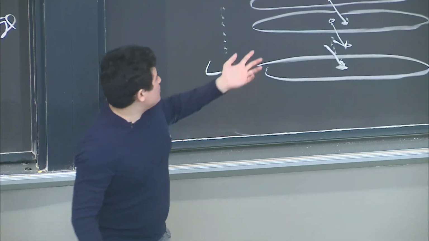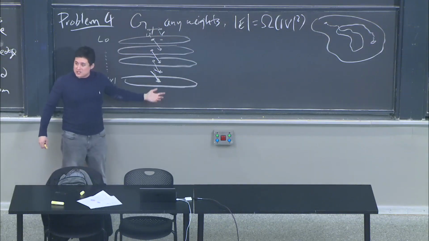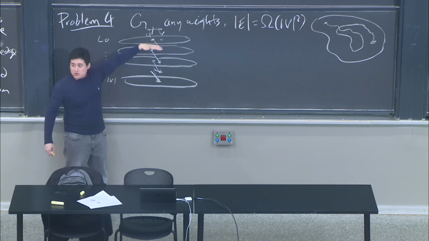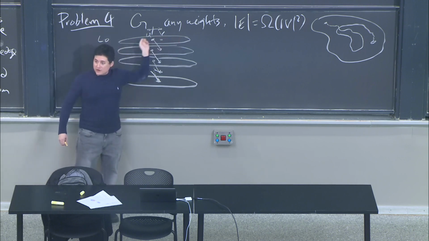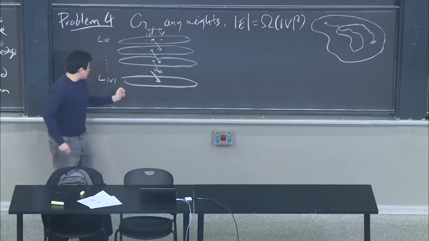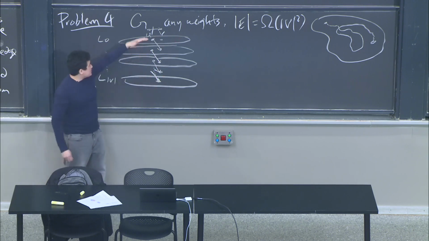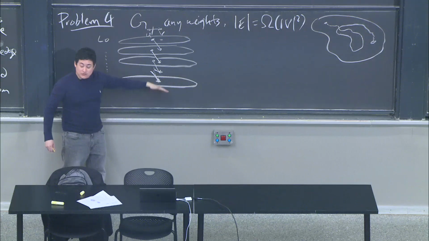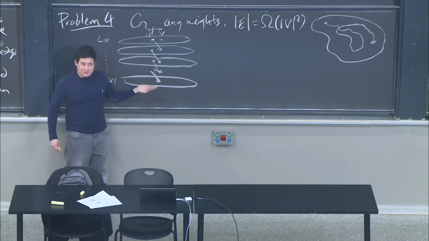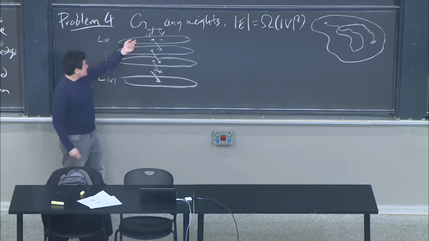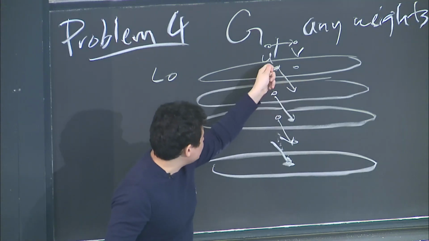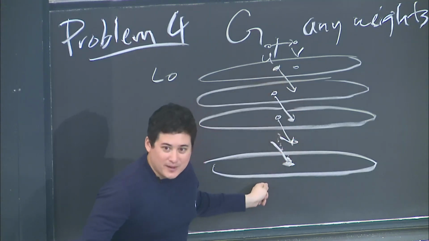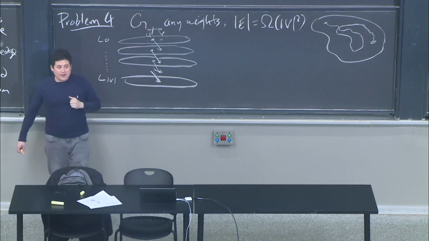But here, if we don't add those edges, this transformation gives us that any path that goes through v edges will be some path from a vertex in layer 0 to a vertex in layer v, just because to get down here, I had to traverse exactly v edges, and they're the edges of my original graph. Now notice this encodes non-simple paths as well, because I could go here and back to u and back to v and back to u if I had a cycle in my graph.